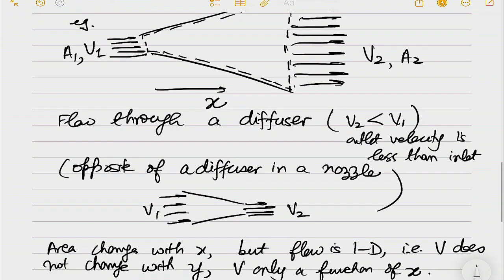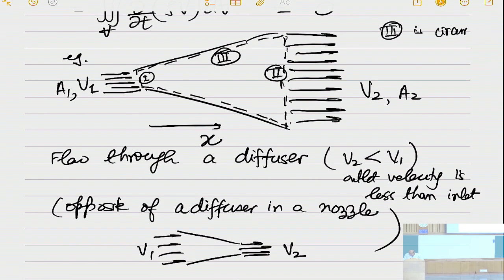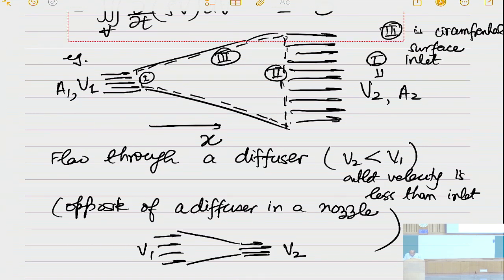So if I call this 1, call this 2, call this 3, 3 is the circumferential surface. 1 is the inlet, 2 is the outlet.